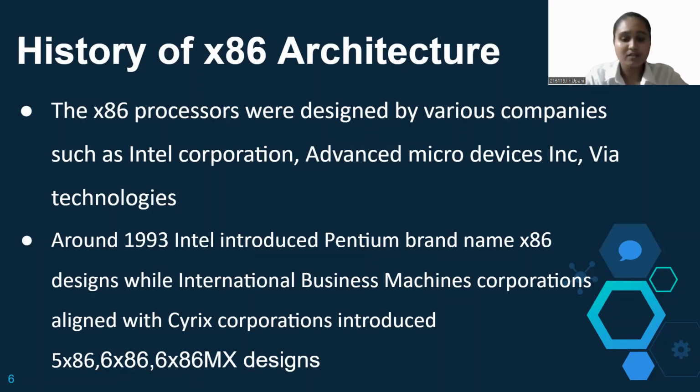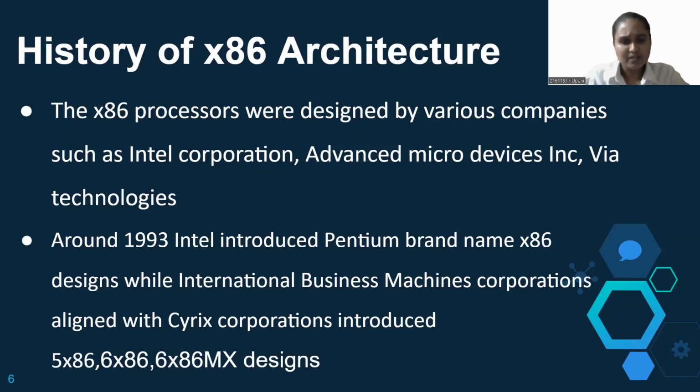Also, it represents the 4th generation of binary compatible CPUs. Around 1993, Intel introduced the Pentium brand name for their new set of microprocessors. Because of this trademark, the other companies started to name their microprocessor designs according to a numbering scheme.